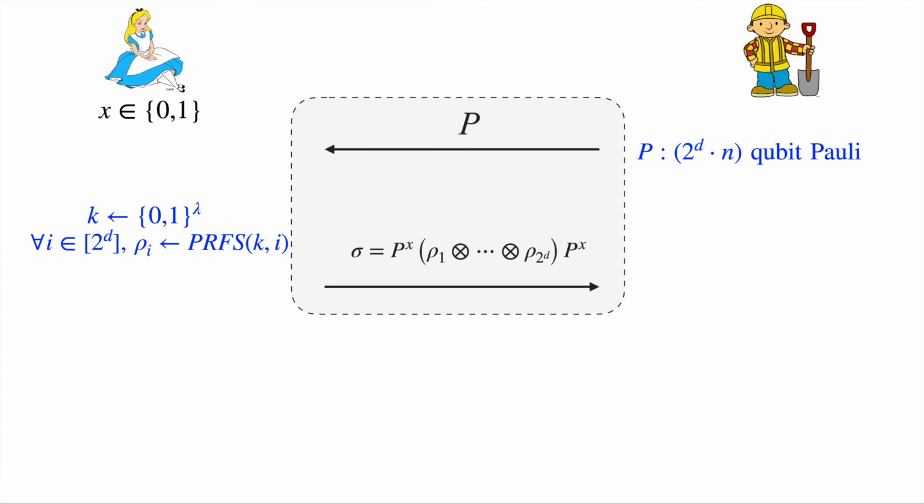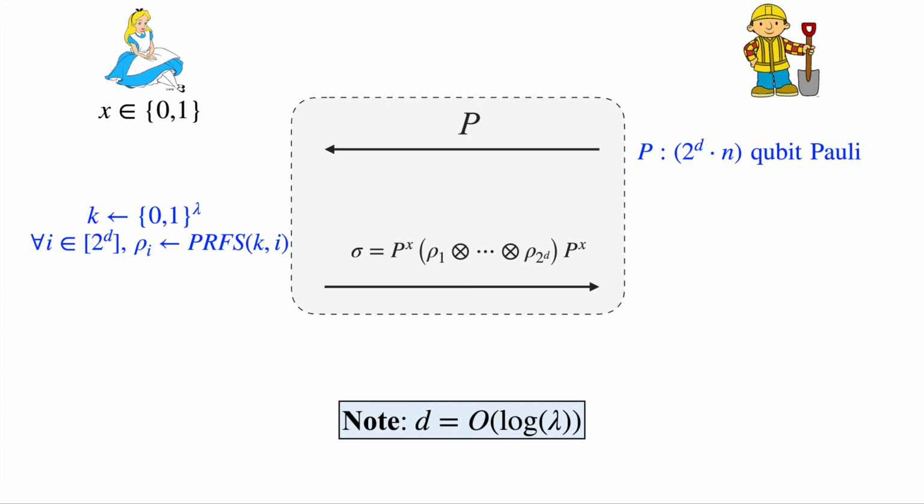Alice picks a PRFS key k uniformly at random and evaluates the PRFS on all possible inputs. It then sends a tensor of all these PRFS states if the bit Alice wants to commit is 0, or the tensor of all these states conjugated with the Pauli p which Bob sent, if the bit Alice wanted to commit was 1.